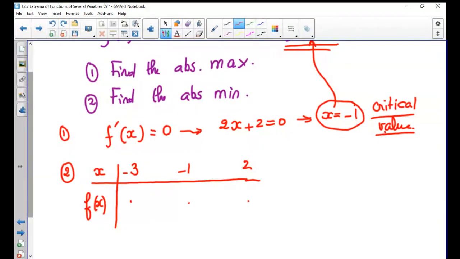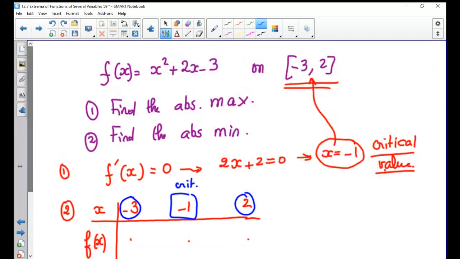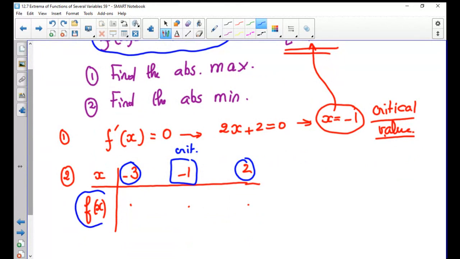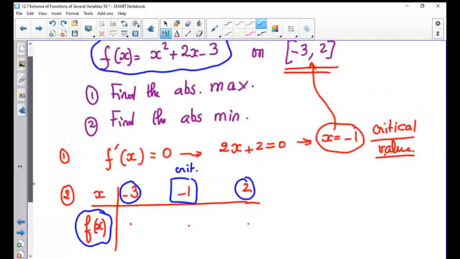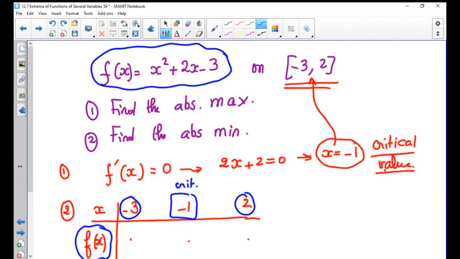So you put the ends of the interval, -3, 2, and you put the critical value inside. So at -3, you need to find the value of f. Substitute in the function, not the derivative. Please be careful.